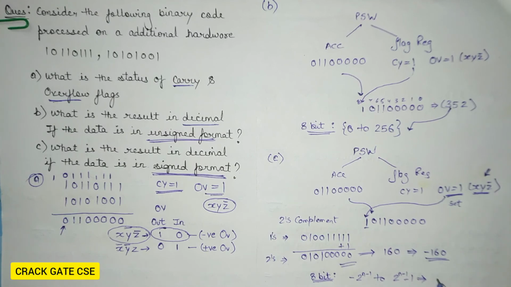So 2 to the power 7 is 128, that is of negative sign, and this will be 2 to the power 7 minus 1, that means 127. So the range lies from minus 128 to 127, and you can see that this particular value minus 160 is out of range on the negative side. That's why we are saying that there is a negative overflow.